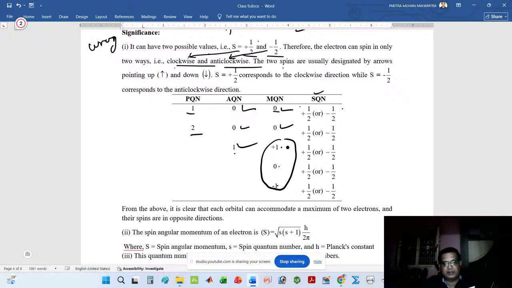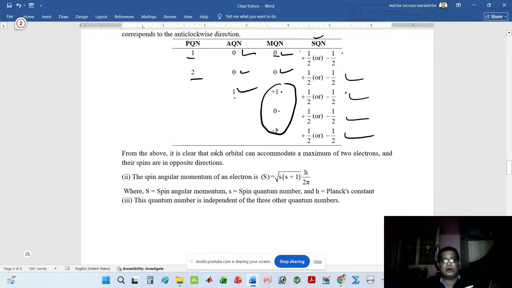Each orbital has 2 electrons. So each magnetic quantum number here denotes a particular orbital, and each orbital has 2 electrons. So for each I can write plus half or minus half. Plus half, minus half; here also plus half, minus half; here also plus half, minus half.